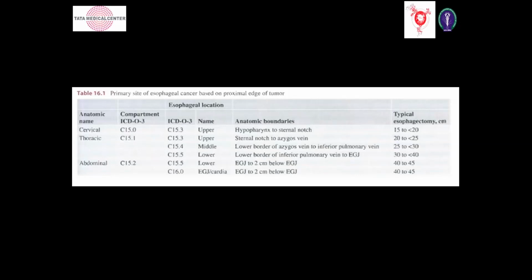Because for esophageal cancer, you need at least a 5 centimeter proximal margin to achieve an oncologically safe margin. If the esophagus starts at 15 and the tumor is at less than 20 centimeters, we cannot achieve a negative margin in this group of patients. So for the cervical esophagus, we cannot achieve surgical clearance. This group is predominantly for radiation and clinical oncology. So these numbers are very important.